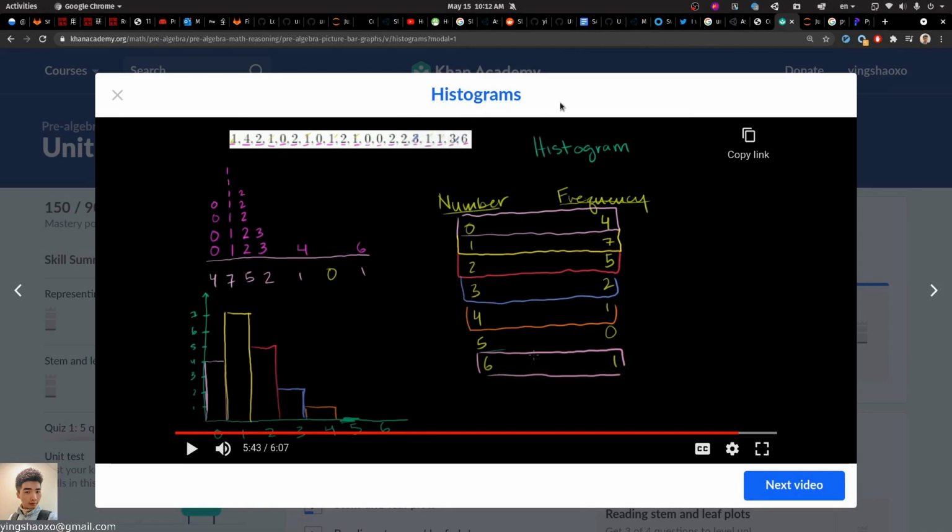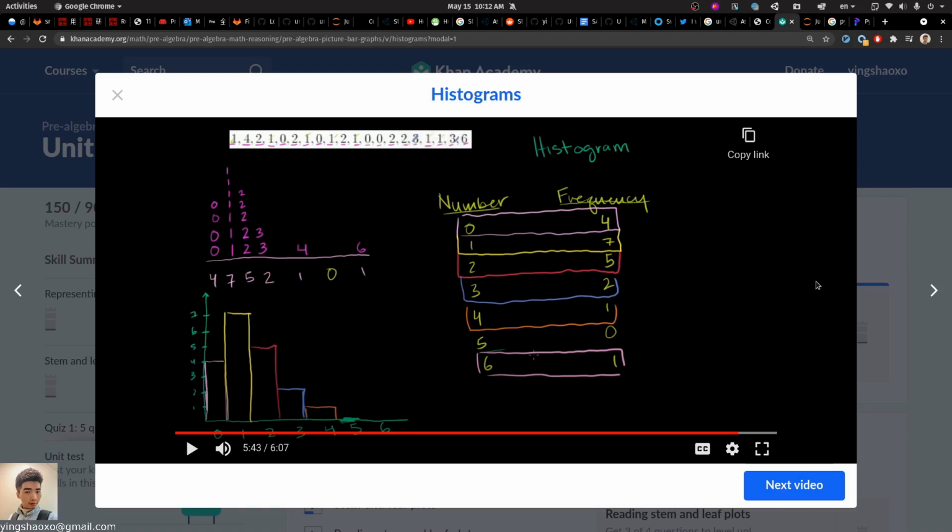Histogram. I often heard this word when I was learning data science, and it also often shows up inside of software like Photoshop. I often confused this word and didn't know what it means.